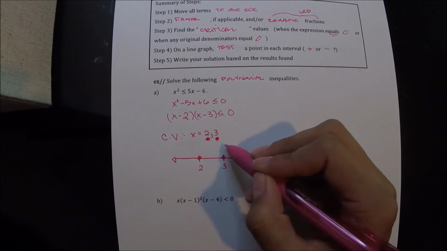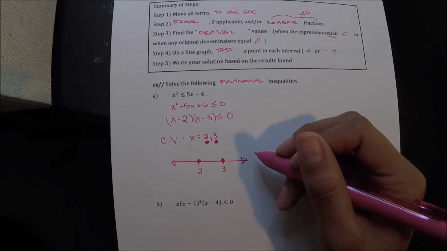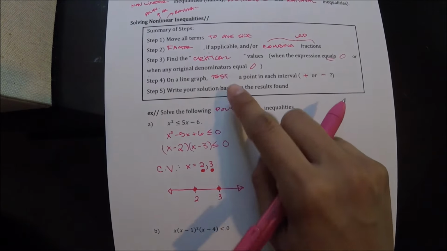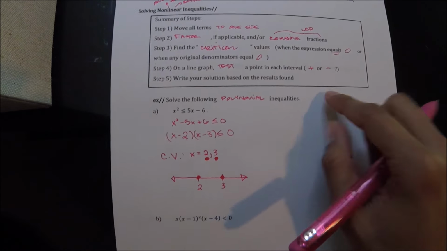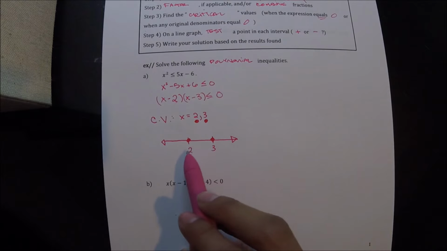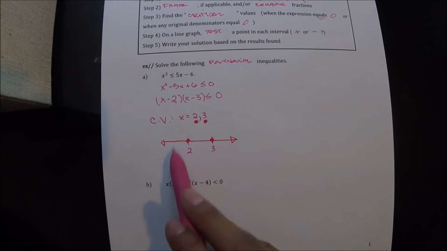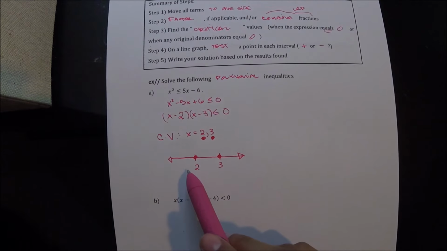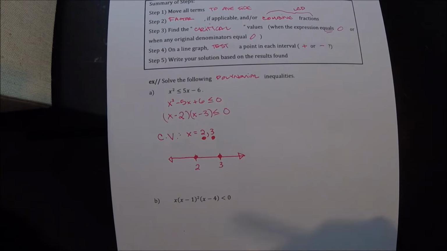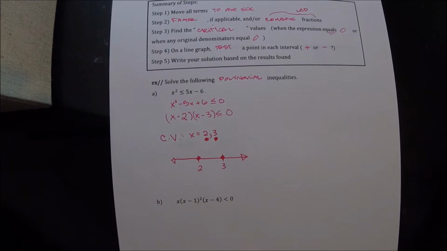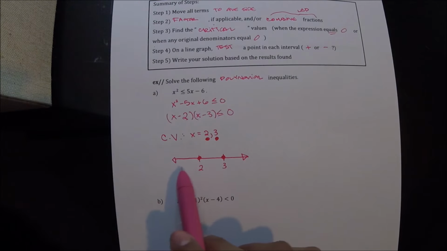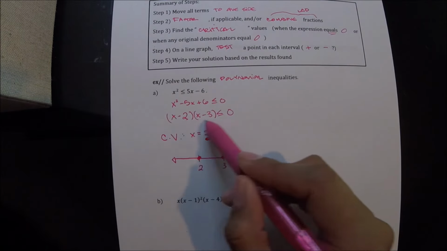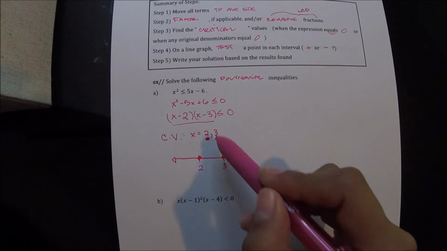So here, they're closed. And then step 4, it says on this line graph, we need to test a point in each interval. By putting these critical values in, that created 3 intervals. I'm going to plug in a number from each interval, and you plug in the easiest number that you can. Over here, the easiest number to plug in is 0. You plug it into this last form.